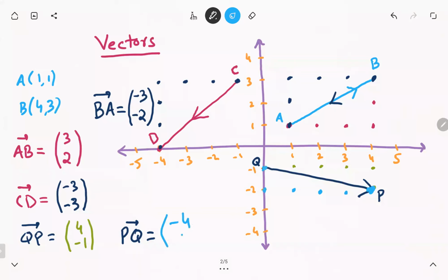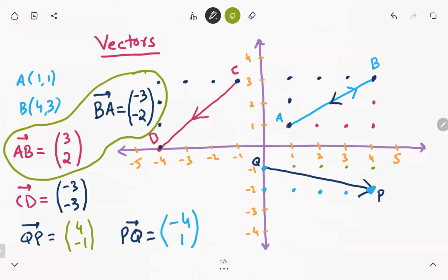Any problem? So now let's observe these two vectors first. See, the vector AB was 3, 2, and the vector BA is -3, -2. What is happening here? The signs are opposite.